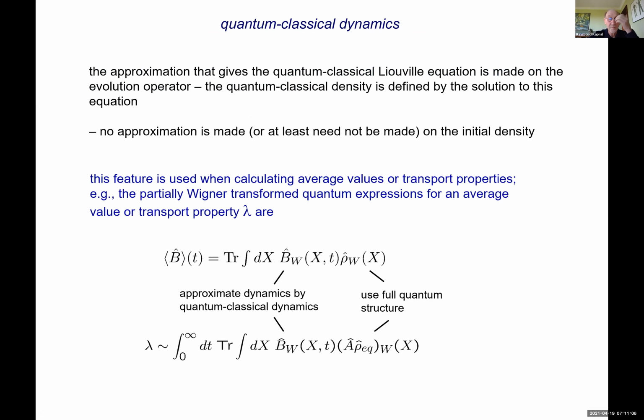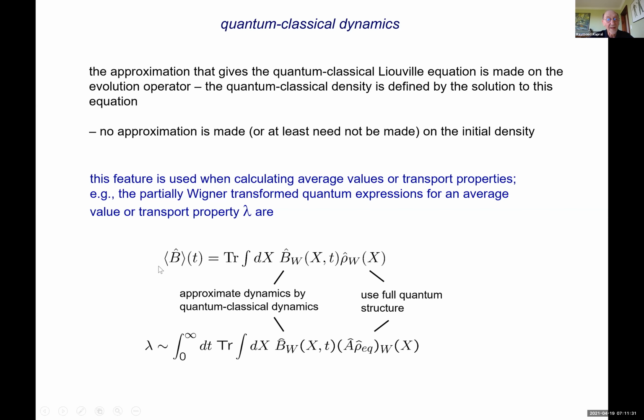So the other point that I want to make is that the approximation that leads to the quantum classical Liouville equation is really made on the evolution operator. And in principle, you don't need to make that on the initial density.